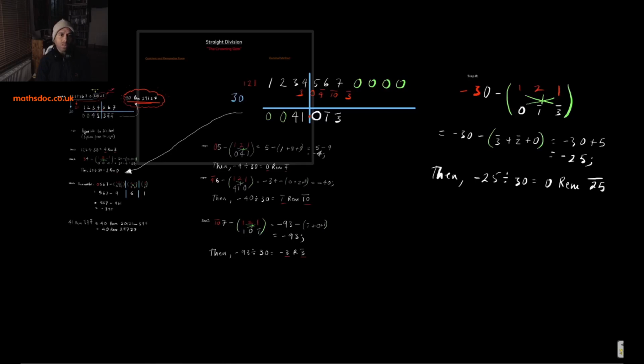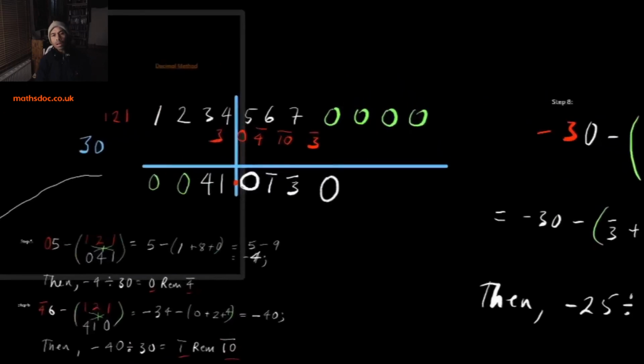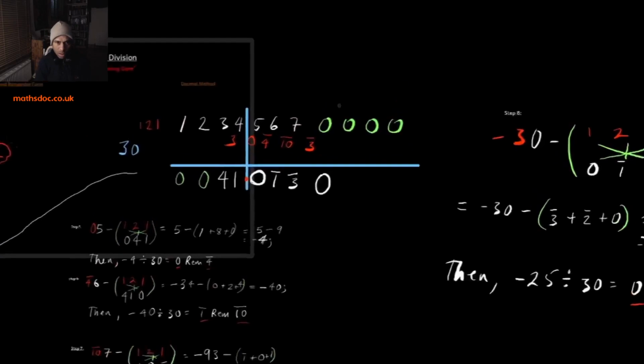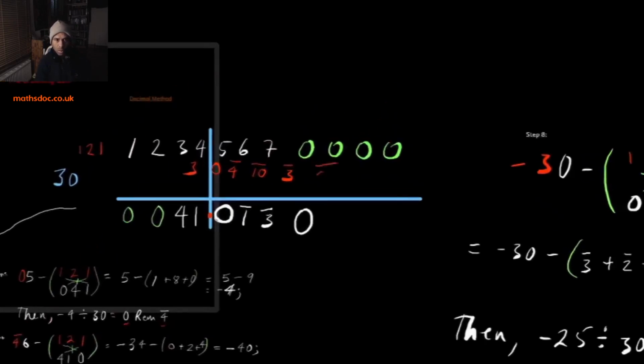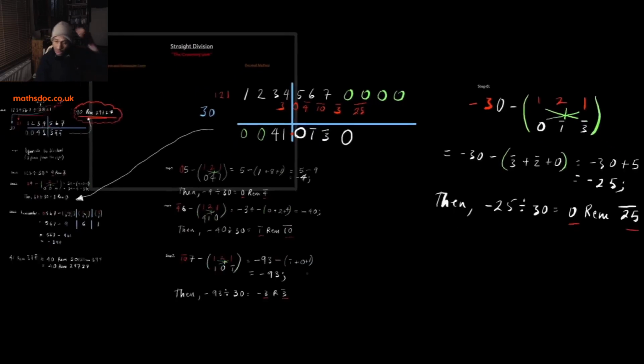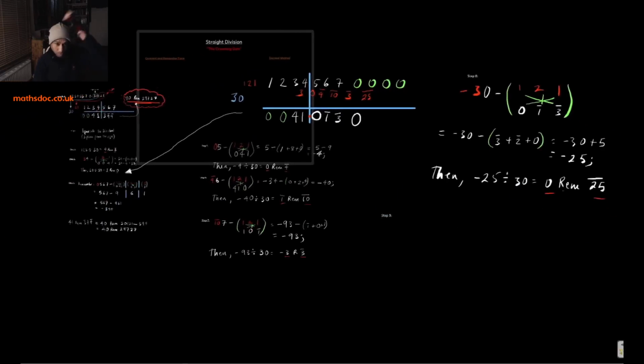I'll put the 0 in the answer box first. And the minus 25, you can prepend that to the 0 there. So our next gross dividend actually is minus 250. So minus 250 minus, open parentheses, flag digits 1, 2, 1 with the last 3 quotient digits 0, bar 3, bar 1, cross multiply, and that equals what?